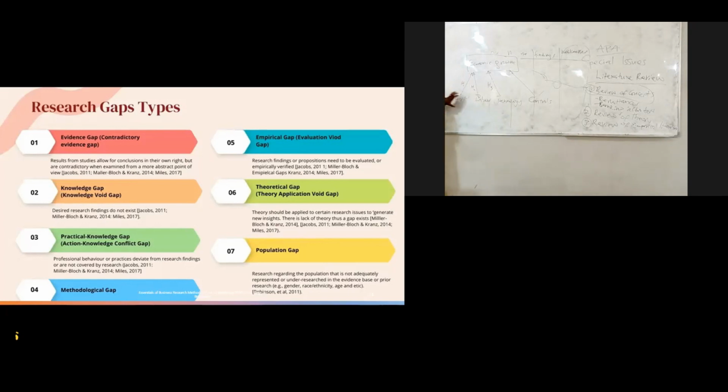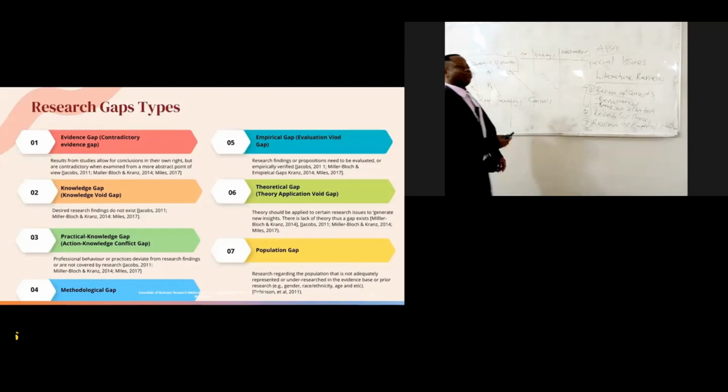Is it due to differences in methodology, or differences in the geographical areas that these researchers focused on, or differences in the way capital is measured? So to contribute to this evidence gap, I am proposing to use so-and-so methodology so that I can fill that gap of contradictory evidence.